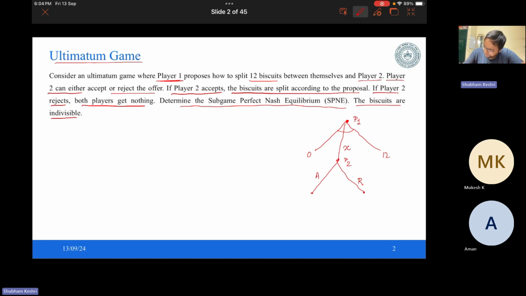So at this node, if x is the offer and he accepts this offer, player 1 will get 12 minus x and player 2 will get x. And if he rejects the offer, then both get nothing. Okay? So this is the game tree. You can take a minute and find the subgame perfect Nash equilibrium of this game.